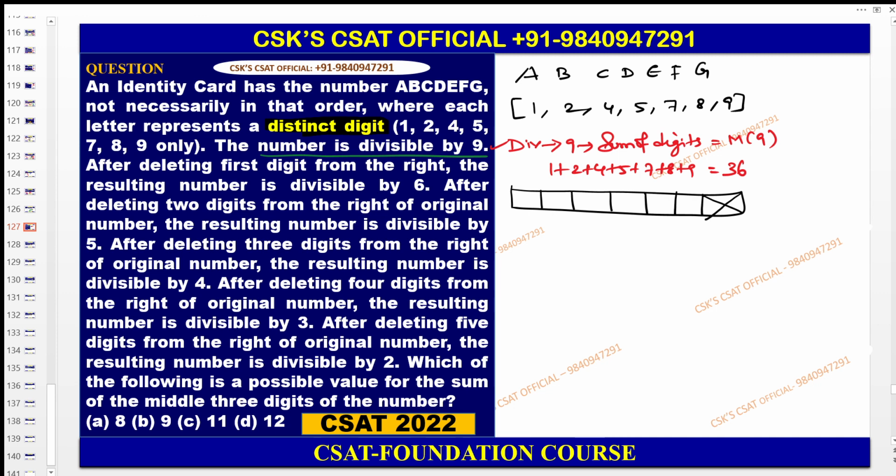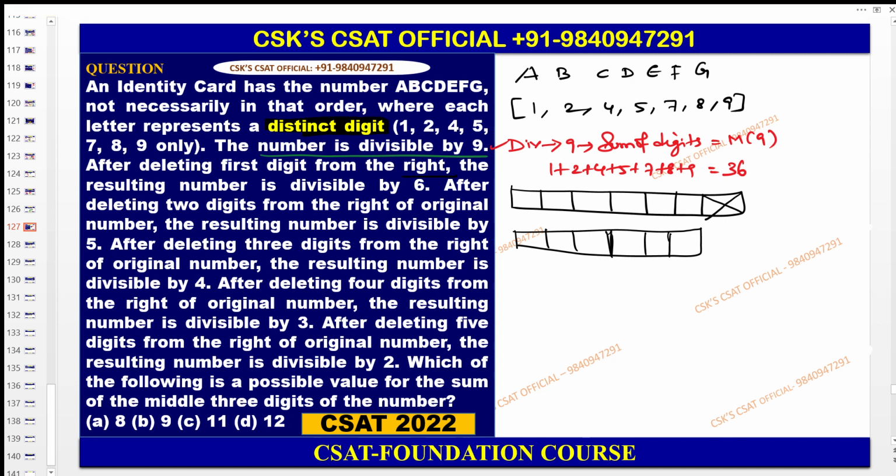After deleting the first digit from the right, therefore I am deleting from this one. The resulting number is nothing but leave one box here. So after leaving that one box, put a box like this. Leave that one box.